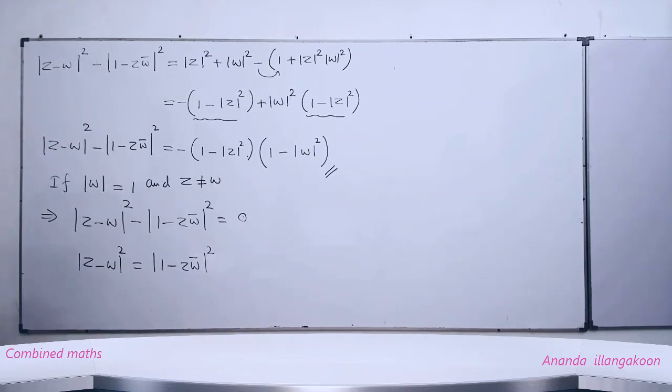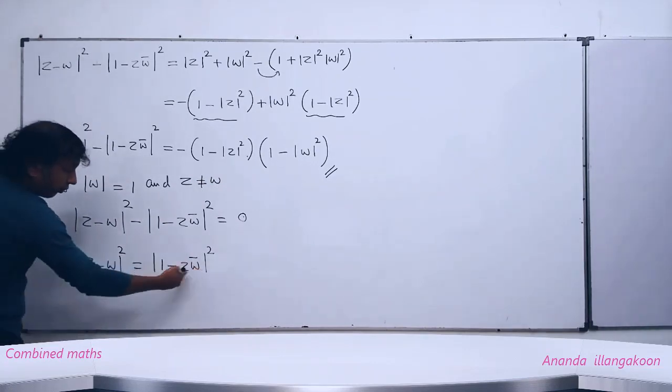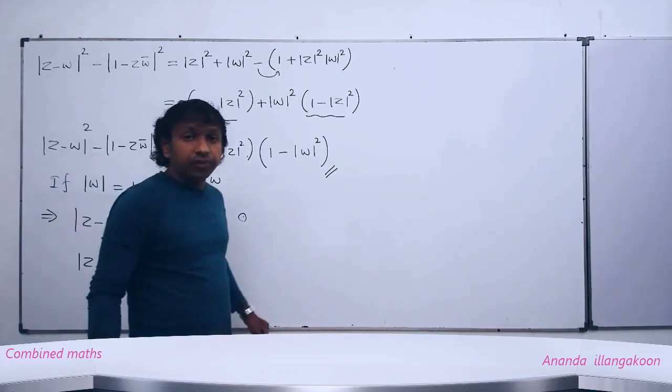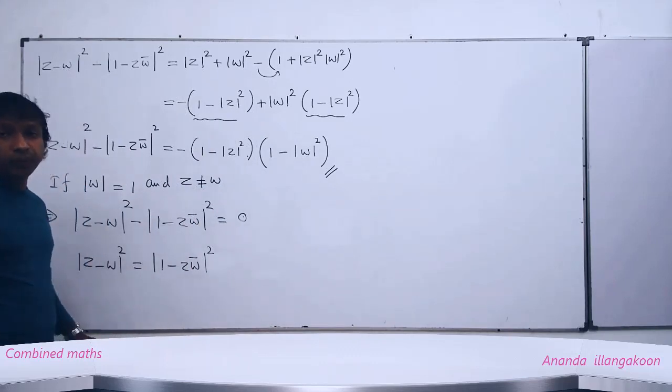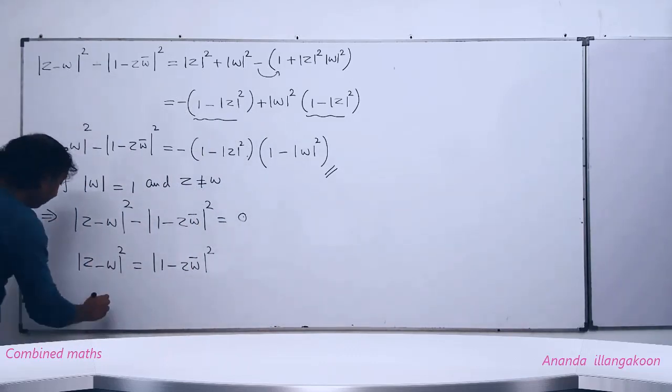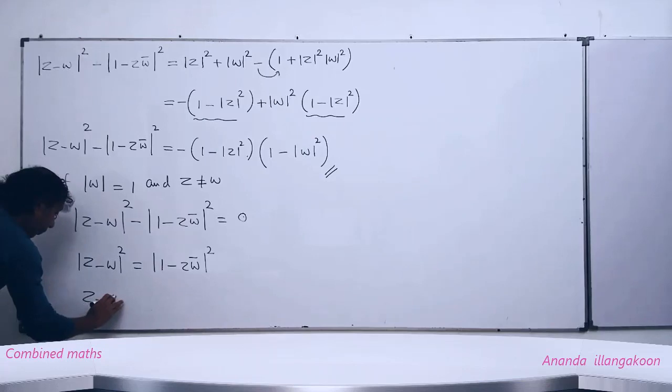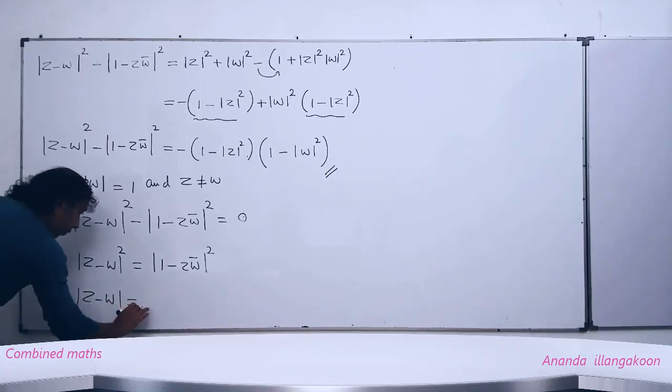Then I can take the positive square root on both sides. But the reason, people, mod is always a positive value. Modulus means positive value. Then we take the positive square root. Then this is equal to this.